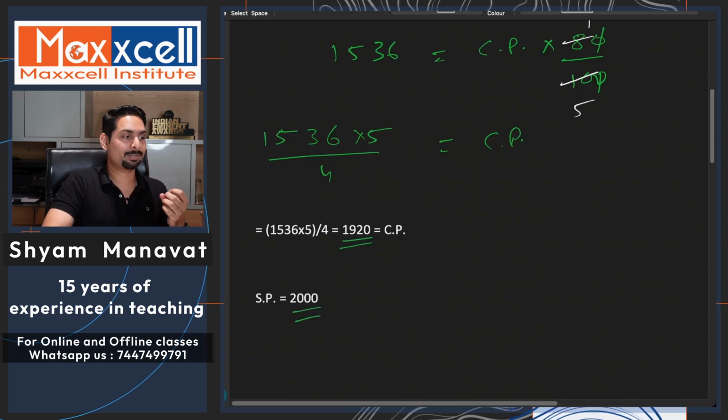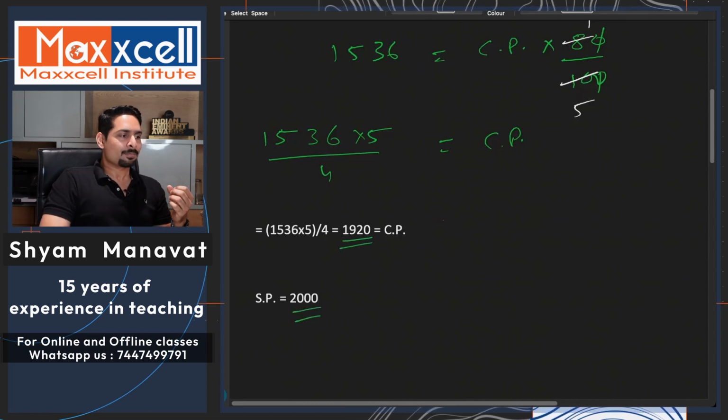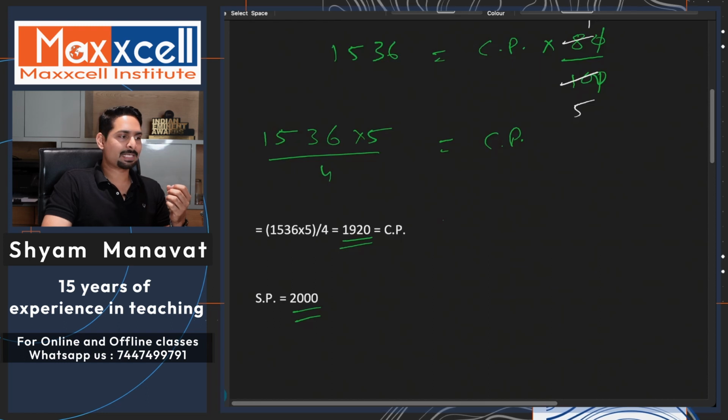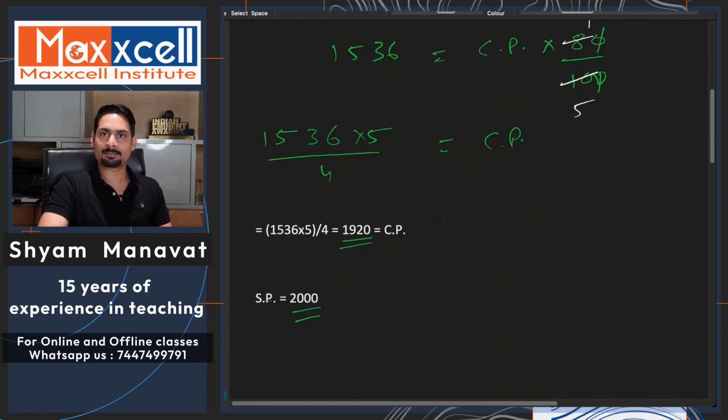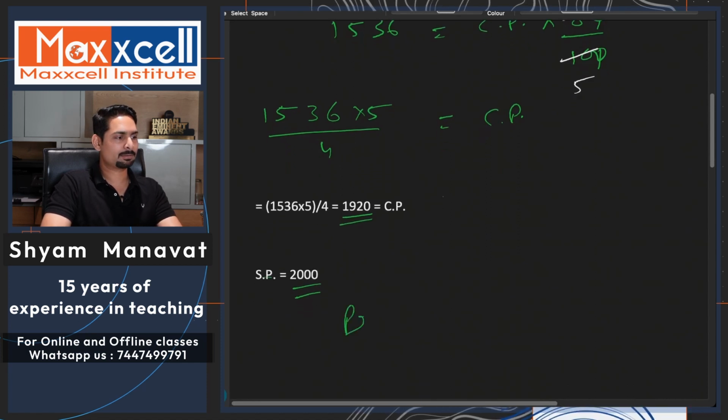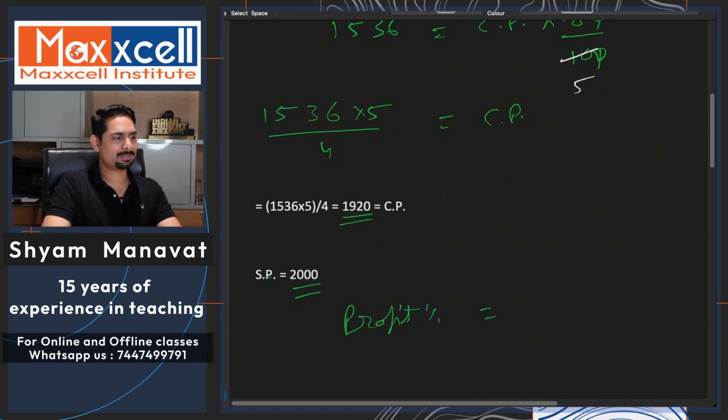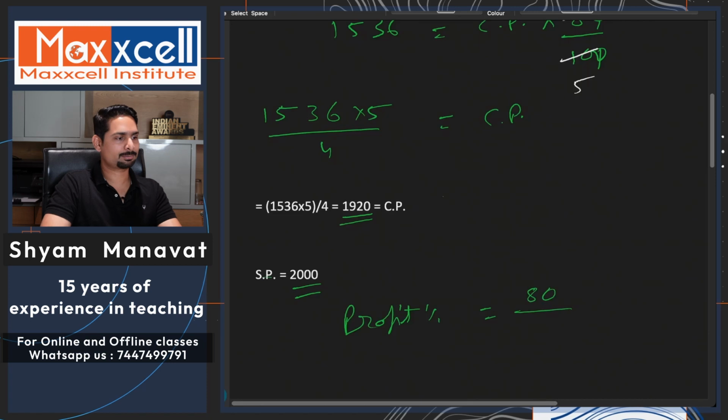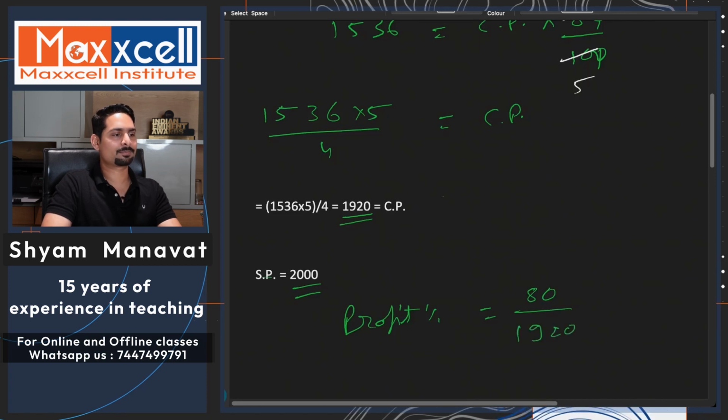Yes, there is a profit, because the selling price is more than the cost price. So we'll calculate profit percent here. Profit percent is the difference, 80, on cost price 1920.